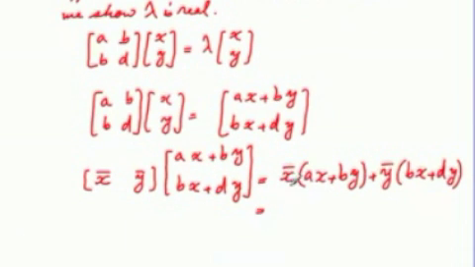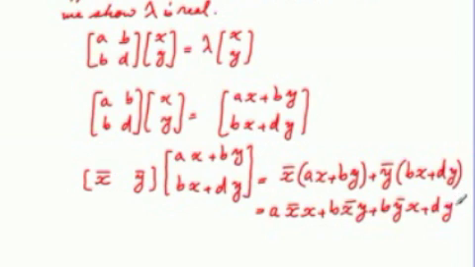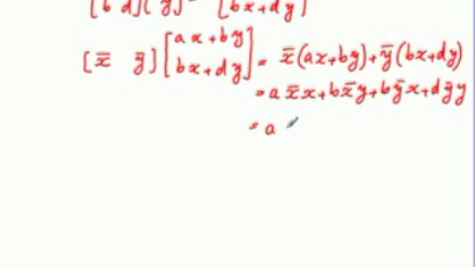What do I get? x bar times ax. What can I write that as? Well, let's write it all out first and then you think about it. What did we say about multiplying a complex number with its conjugate? That was the hypotenuse squared, which is what?